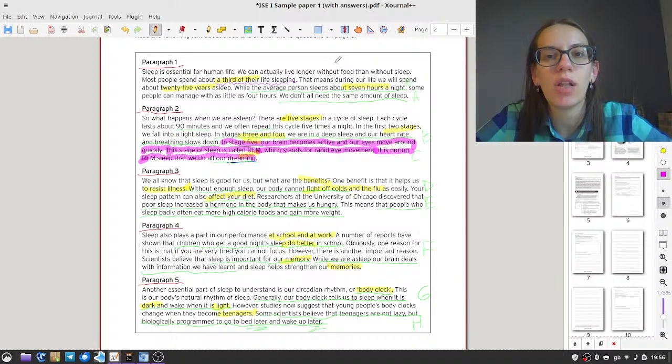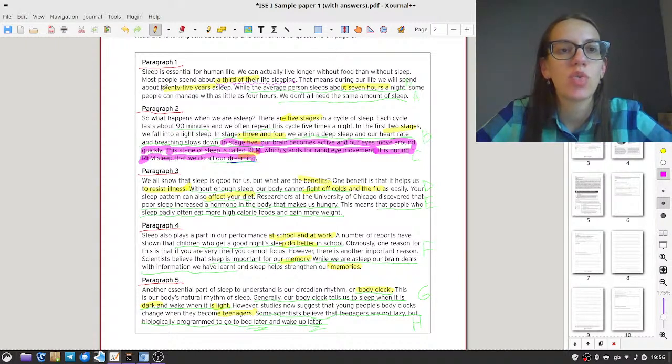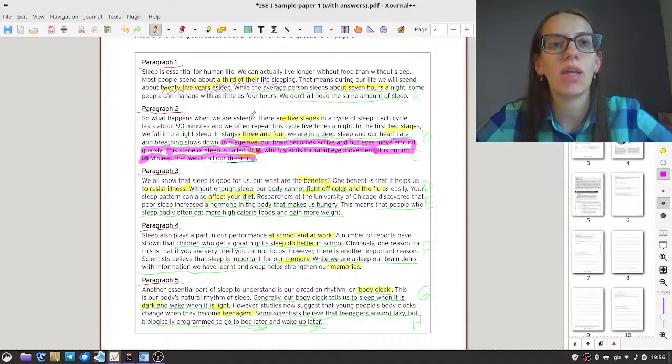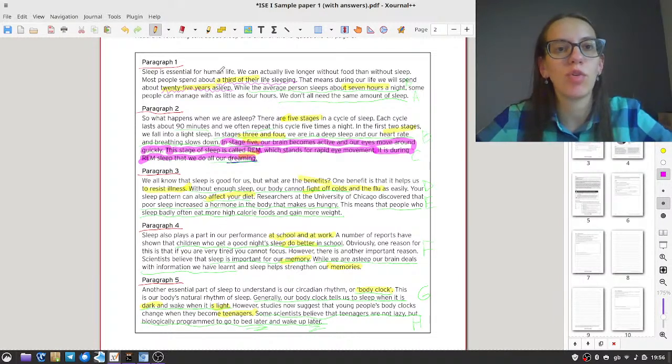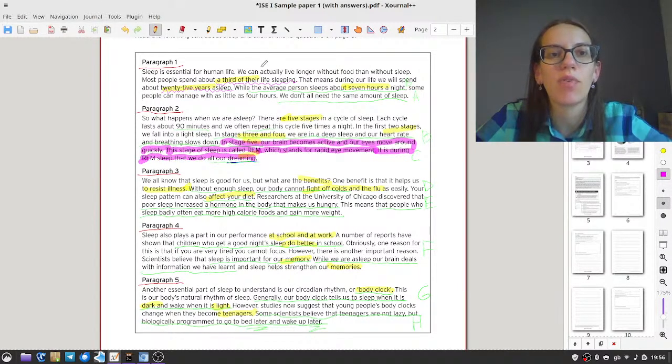That means during our life we will spend 25 years asleep. Well, I like this one better. 25 years. It gives us some precise number, some precise time. Not just 1/3 of our life, but how much, how long? 25 years. So actually I like this one, 25 years.